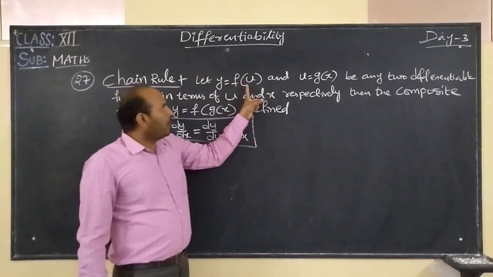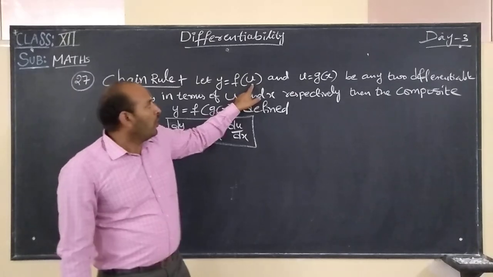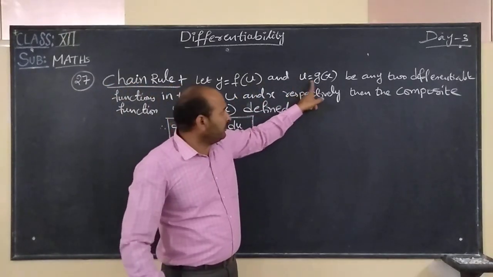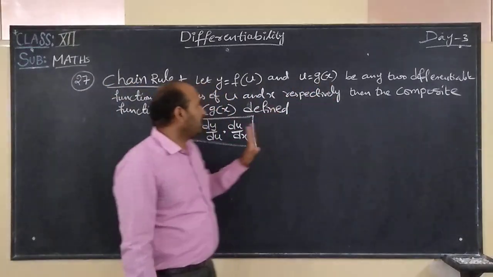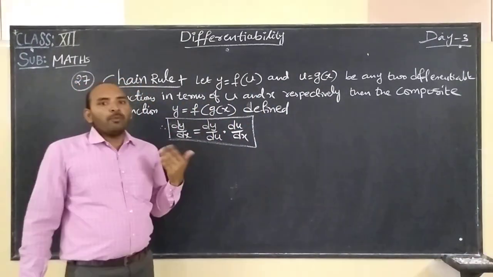Remember, let y is equal to f of u, y is a function in terms of u, where u is equal to a function in terms of x. Then the composite function means two or more functions.